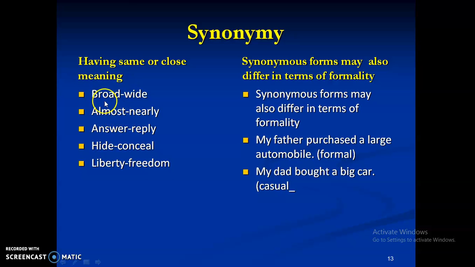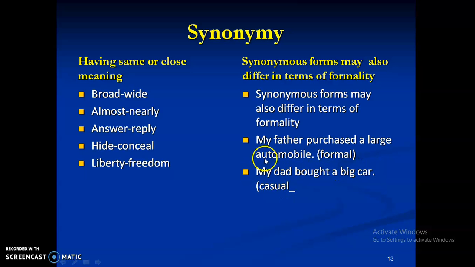But synonymous forms may also differ in terms of formality. Here are two sentences: "My father purchased a large automobile." This is a formal sentence. Now we can have a casual version: "My dad bought a big car."